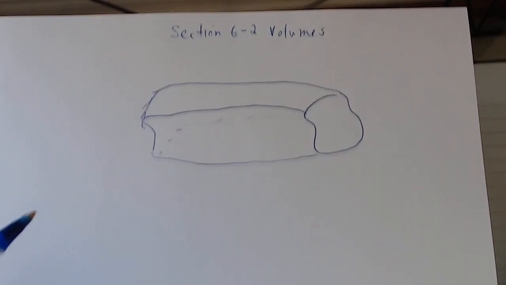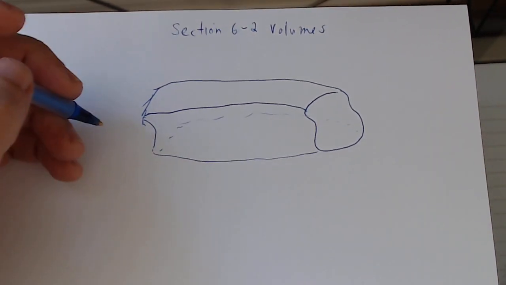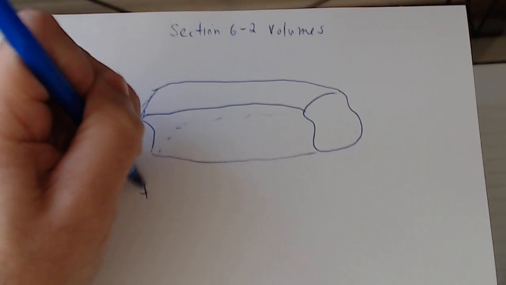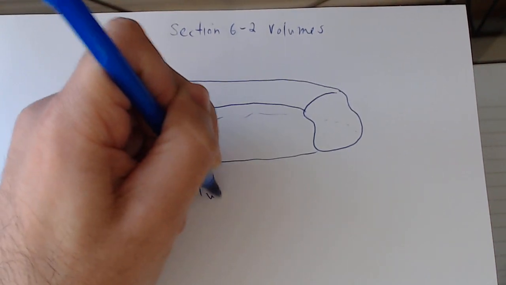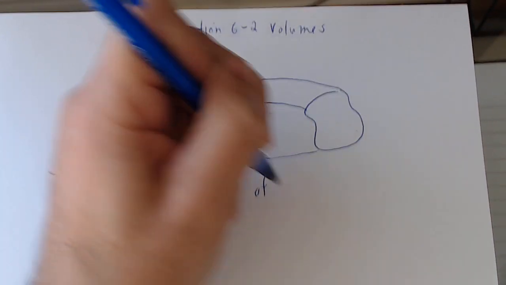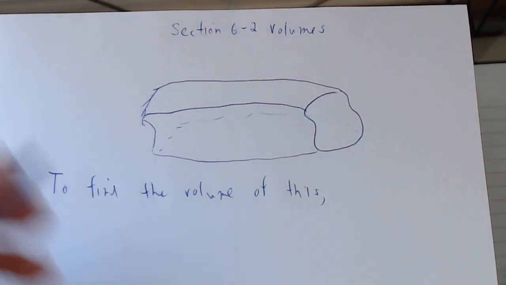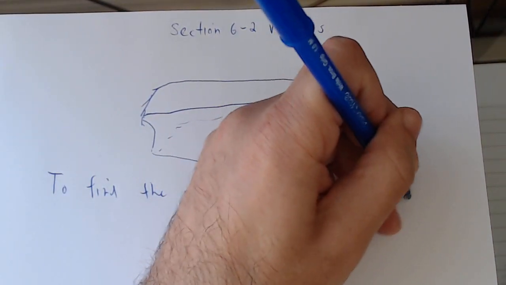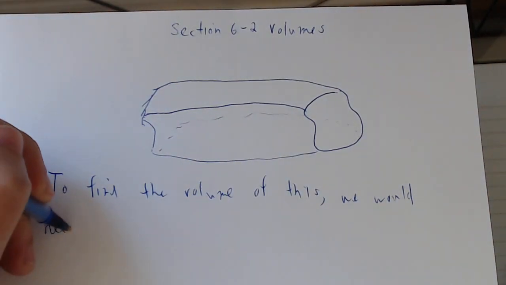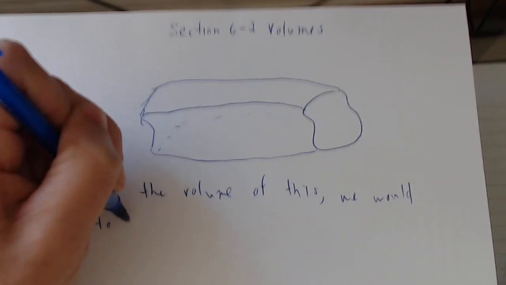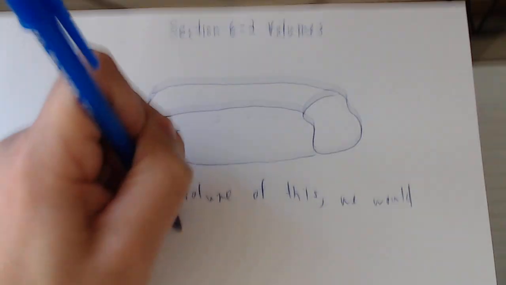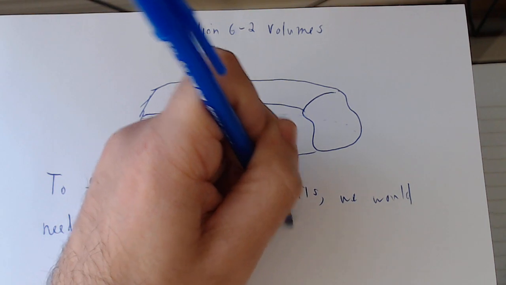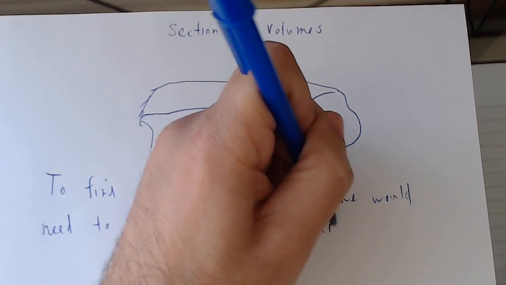So what we want to do is the following. These are the steps we're going to follow. To find the volume of this, we would need to find the area of the cross sections.